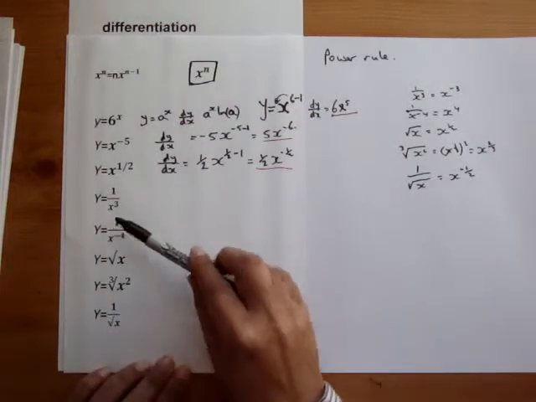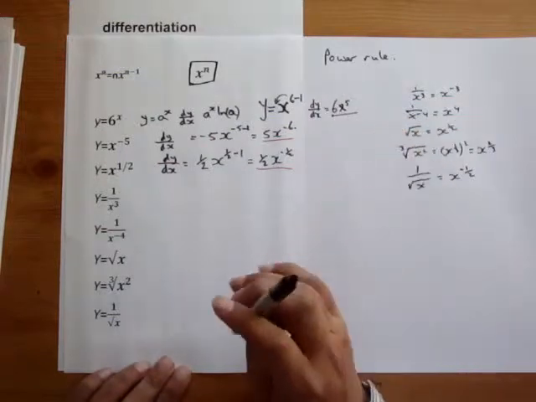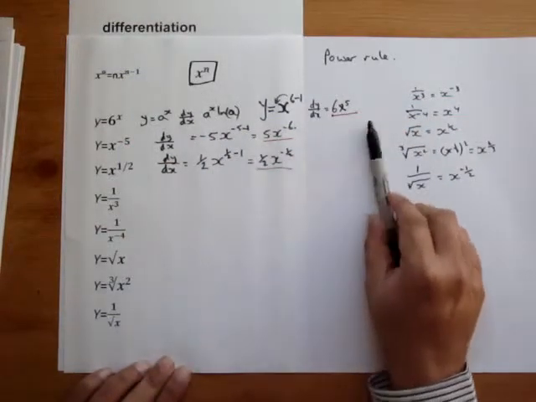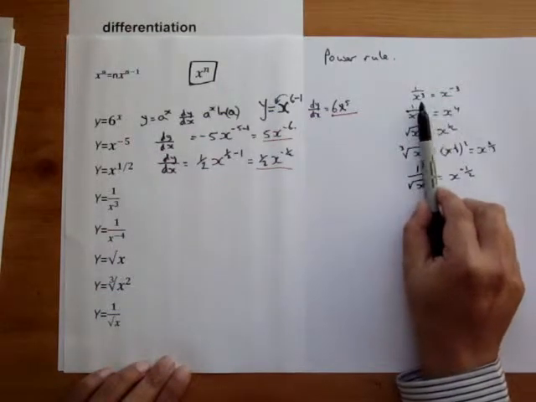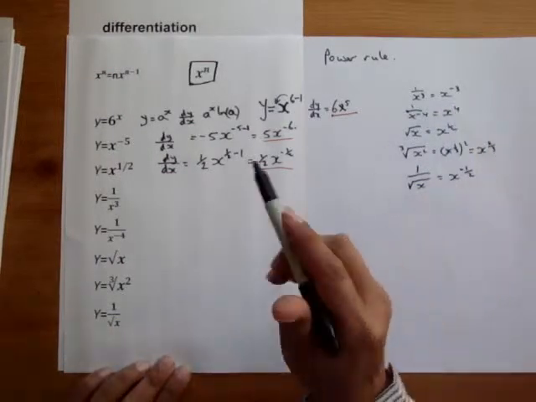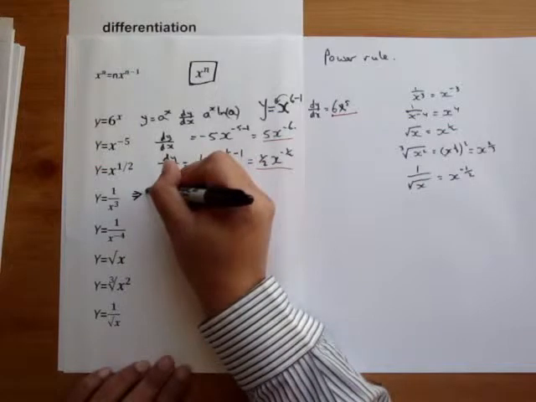Right, does this function look like this? No, it doesn't, so let's make it look like that. And how do we do that? Rules of indices, remember, over here we said 1 over x cubed was the same as x to the minus 3. So let's write that.